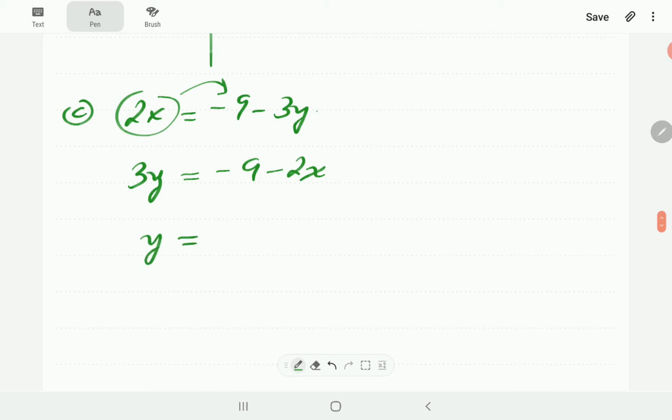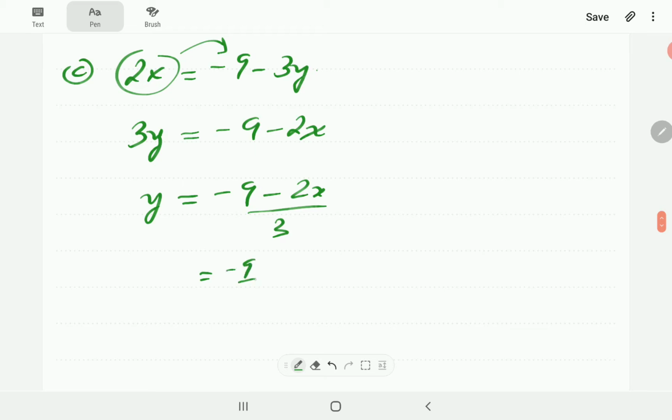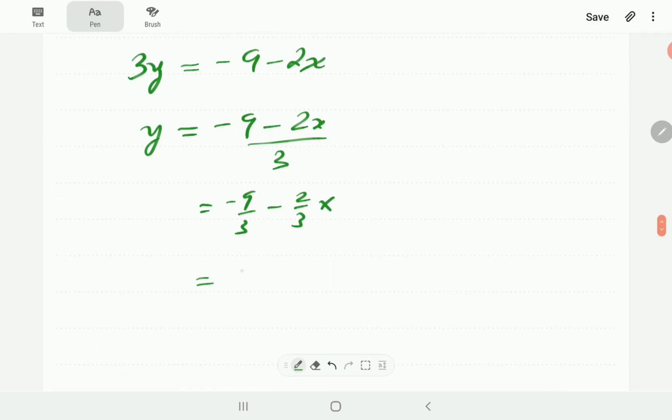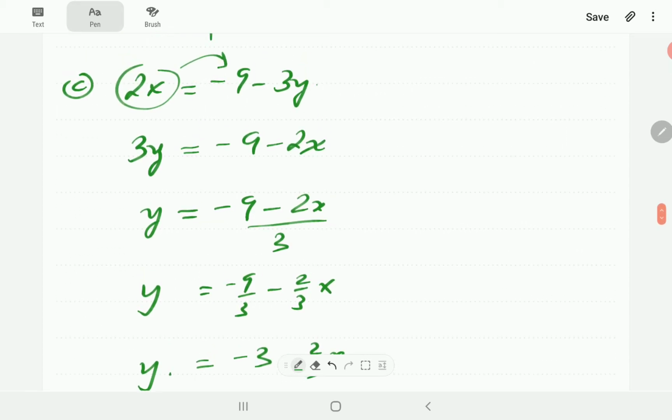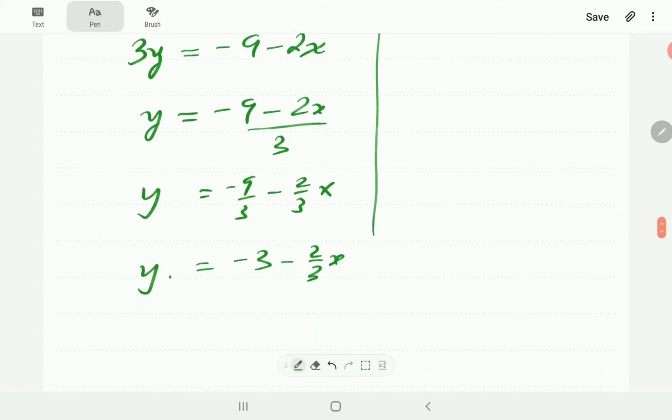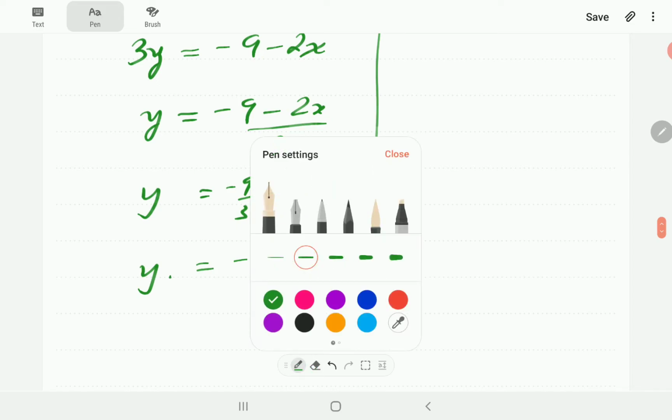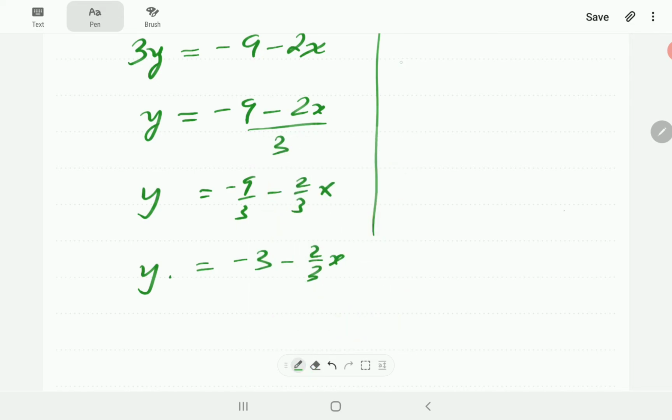Then if we divide everything by 3, this is what we're going to have. Then minus 9 over 3 minus 2/3 x. So this is going to be minus 3 minus 2/3 x. Our equation is now in standard form. And so then we can deduce m and c. The coefficient of x is minus 2/3.